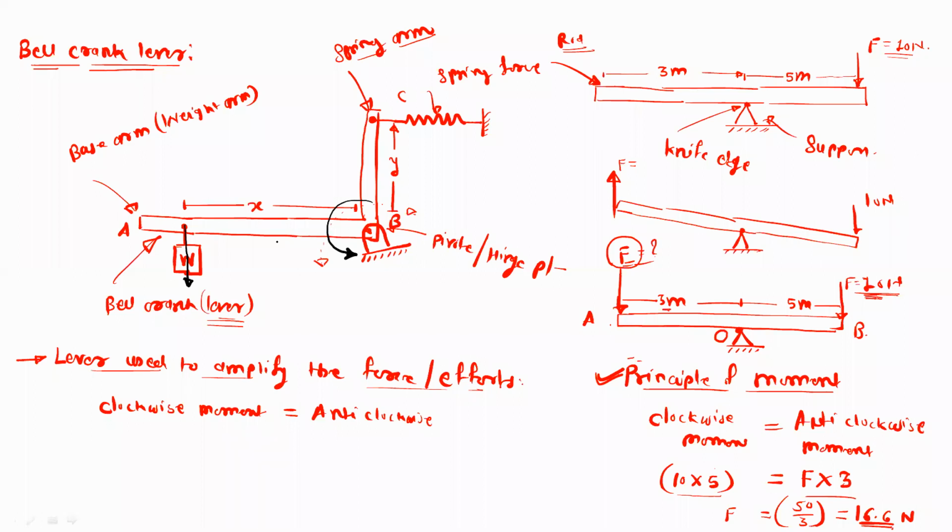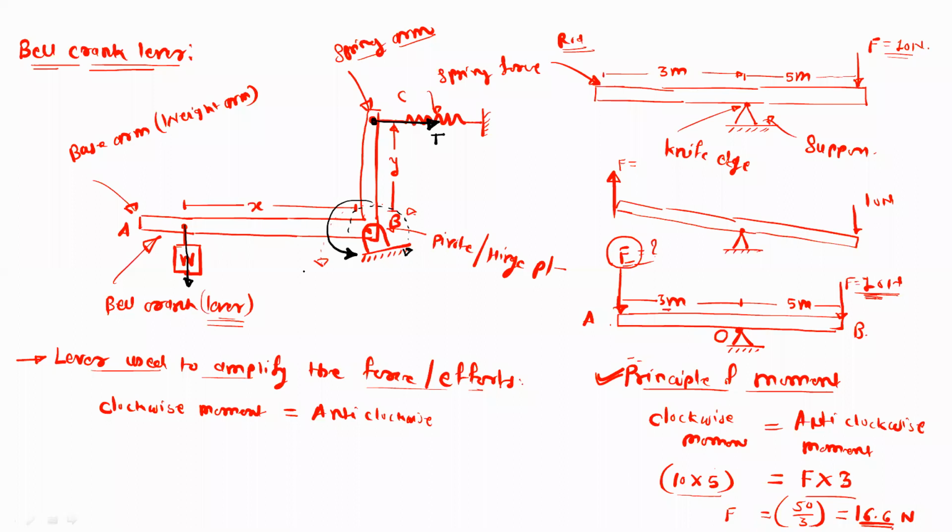So this complete lever ABC will try to rotate in the anti-clockwise direction. In order to maintain this equilibrium, this spring will create tension in this direction. This tension will be tension T. This tension T into distance Y will create the clockwise moment, so that it will try to maintain the equilibrium.